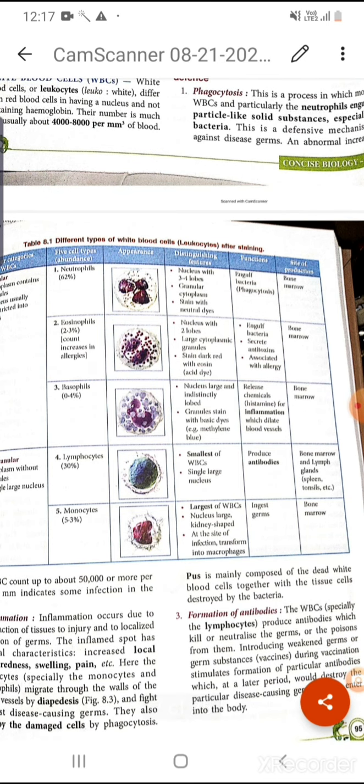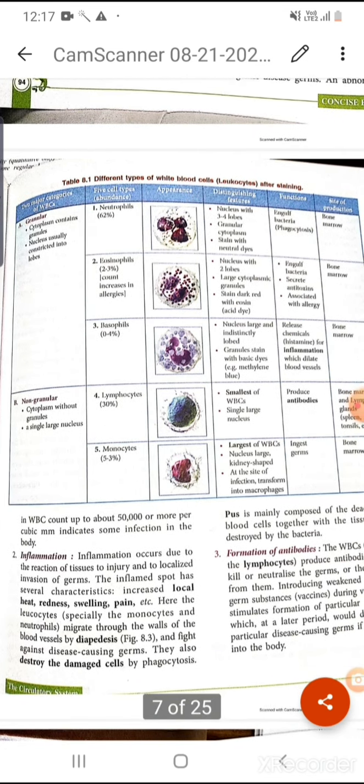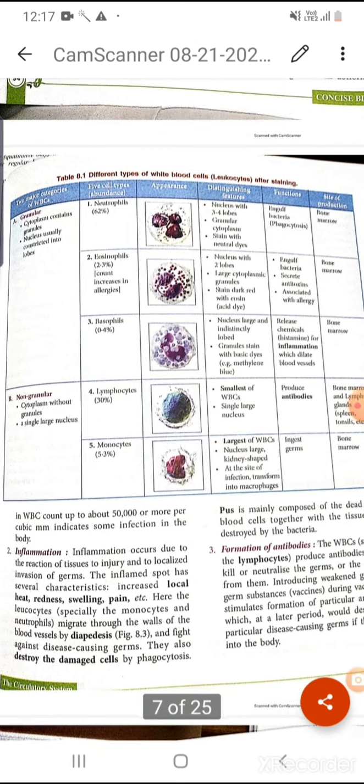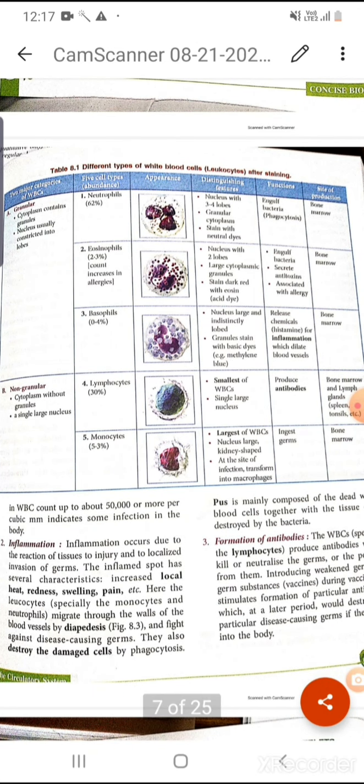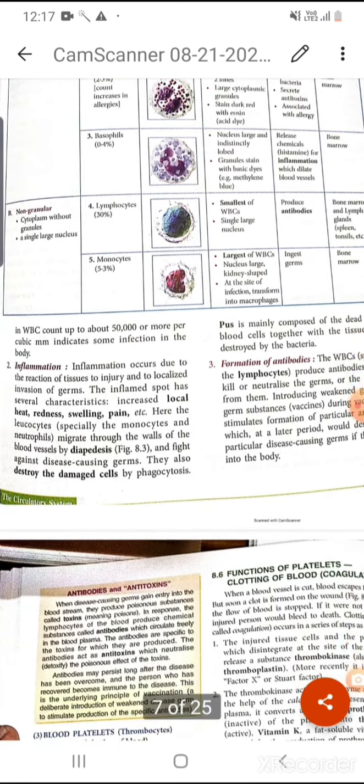Suppose a bacteria is present in our body fluid, and the WBCs or the neutrophils recognize the bacteria and engulf the whole bacteria. This is the defensive mechanism against germs, and this process of engulfing any germs or any kind of bacteria is known as phagocytosis.